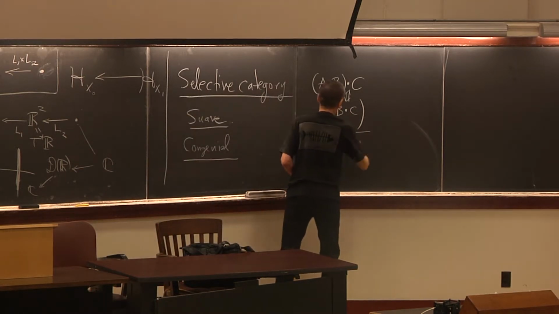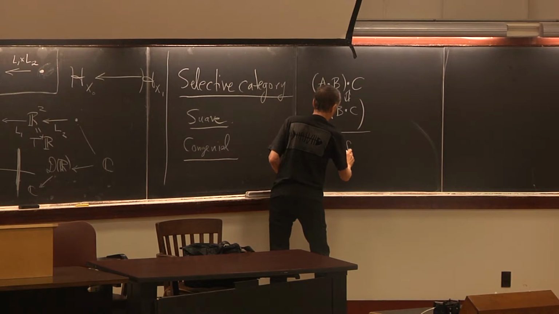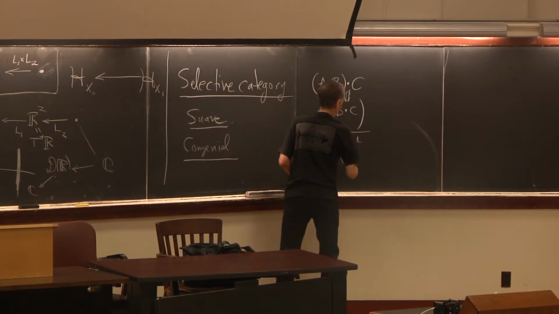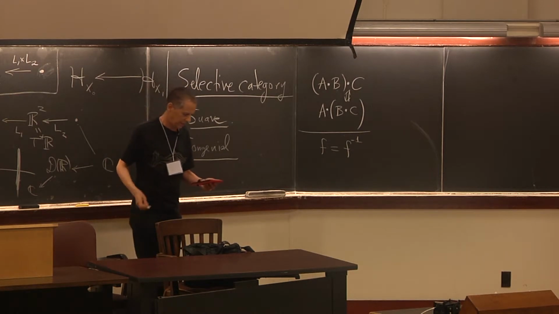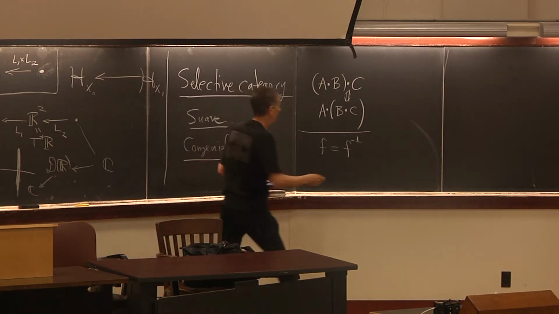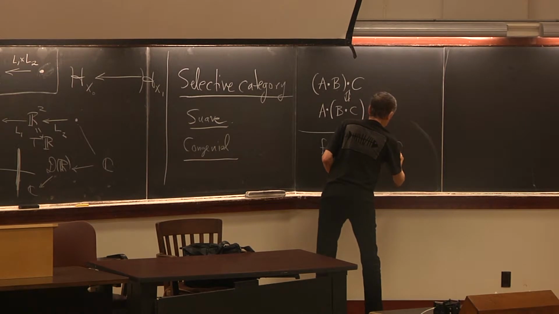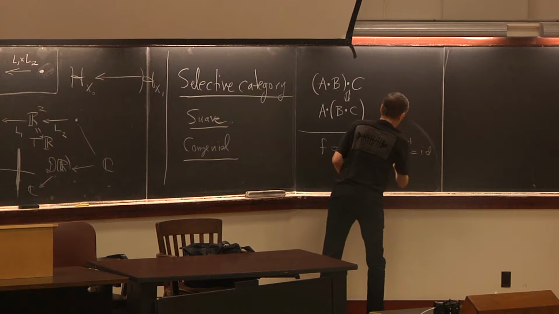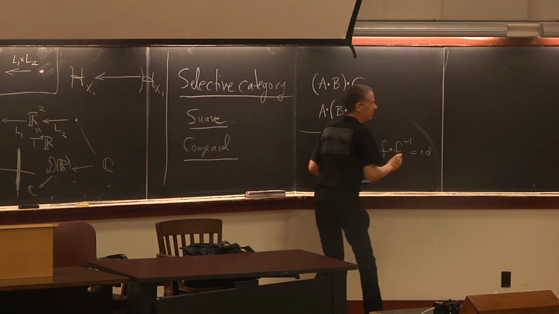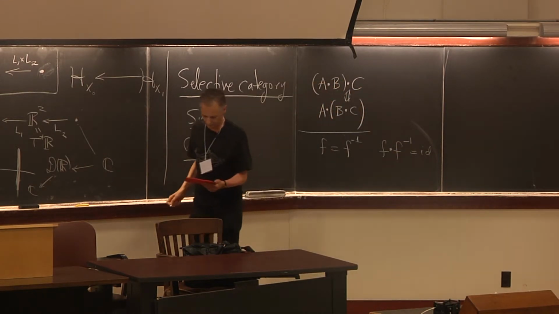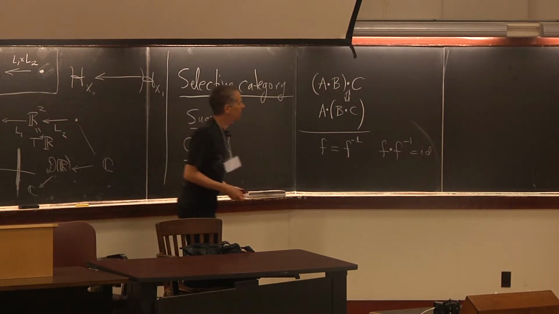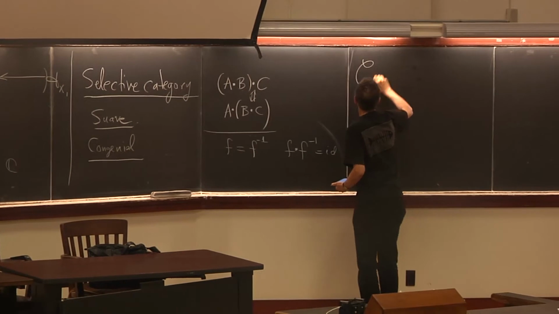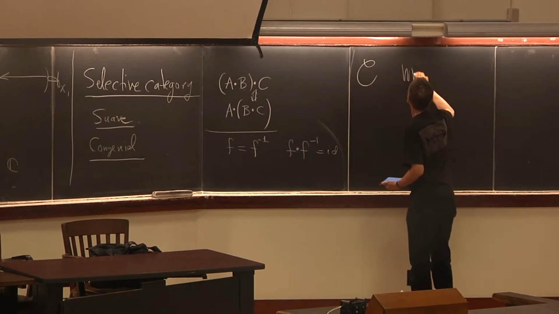Another thing that seems to be useful is to say that if F is a suave isomorphism, then its inverse is also suave. And the pair that you get by composing them, to some identity, this is always congenial.